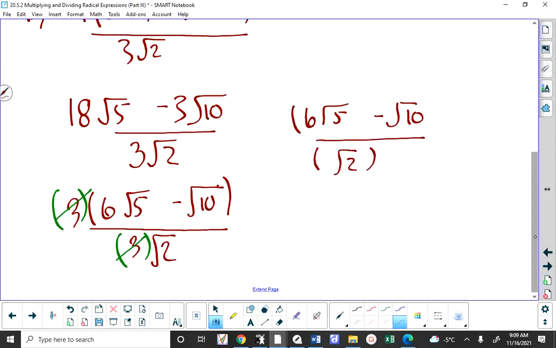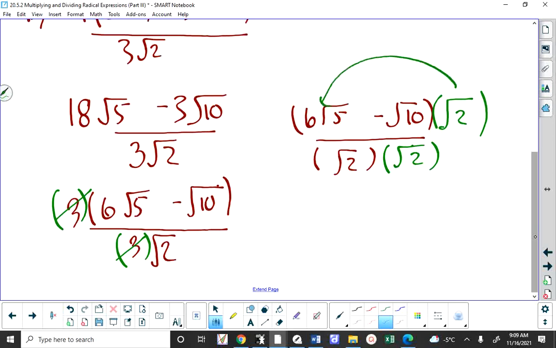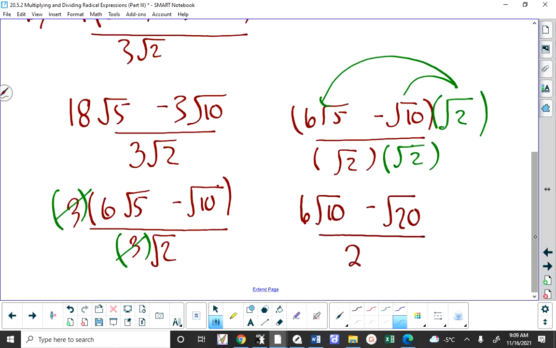And now I need to multiply the numerator and denominator by root 2 to rationalize the denominator. Well, I'm going to have to multiply that root 2 by the 6 root 5 and the root 2 by the root 10, which will give me 6 root 10 minus root 20 over 2.